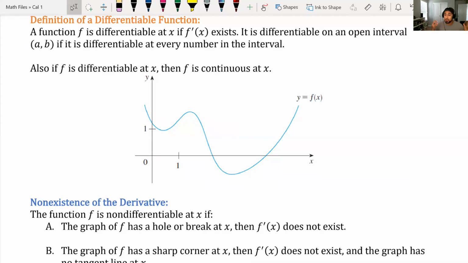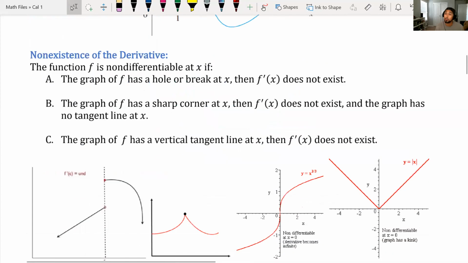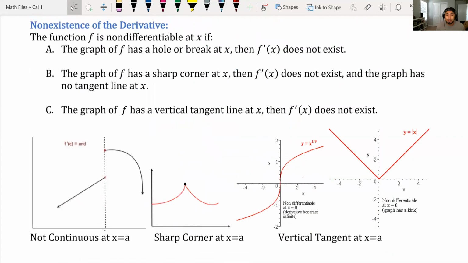You must be continuous on some open interval. That is how you take a derivative. That function must be continuous. Okay. And guess what? If you don't have a derivative, this means that your function is discontinuous. So easy, right?